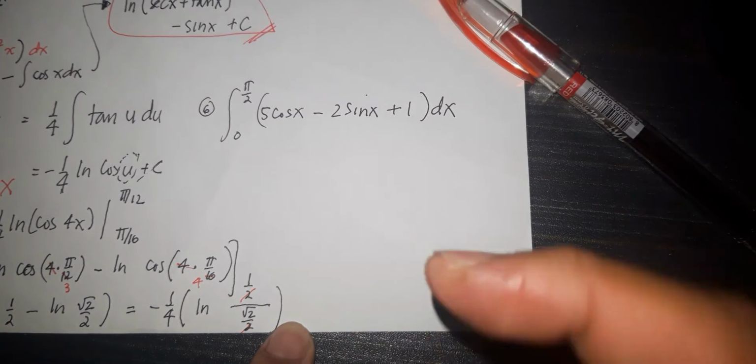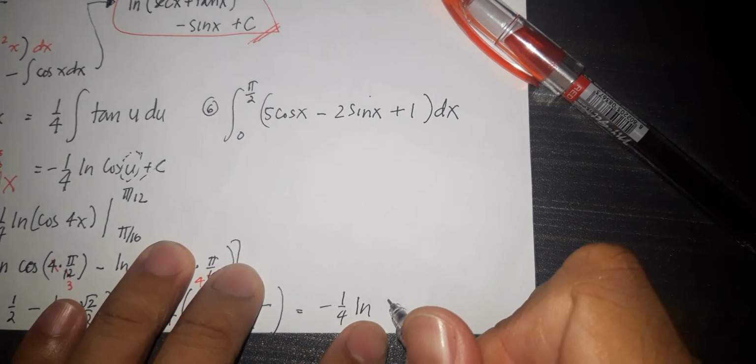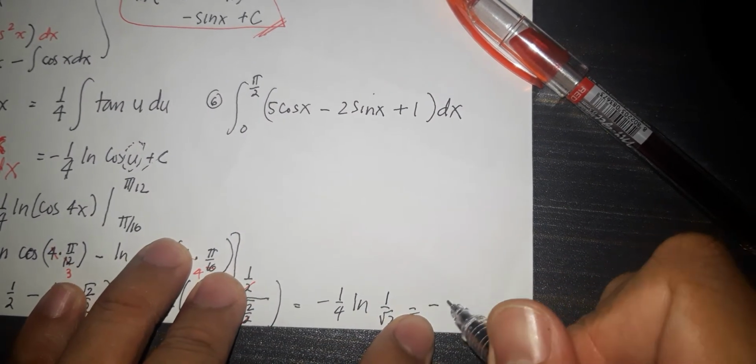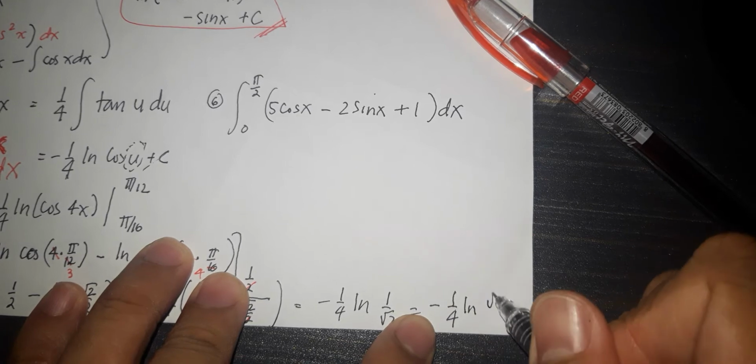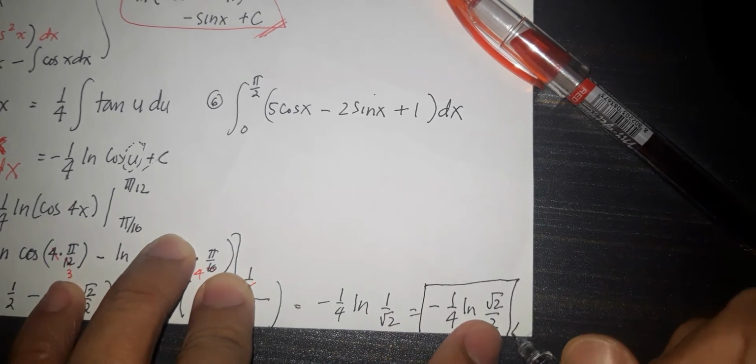So this now gives you negative 1/4 ln of 1 over square root of 2, which is equal to negative 1/4 ln of square root of 2 over 2. So that will be our answer.